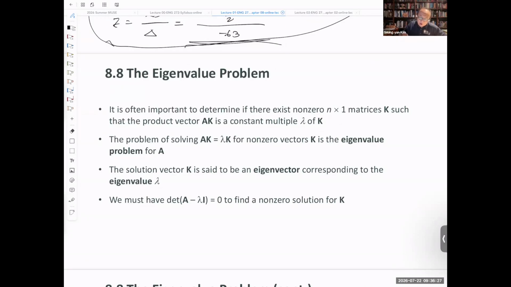It is often important to find a non-zero vector K such that when you multiply the matrix A times this specific vector, the result is lambda times K. After you multiply, we end up getting some constant times that vector.